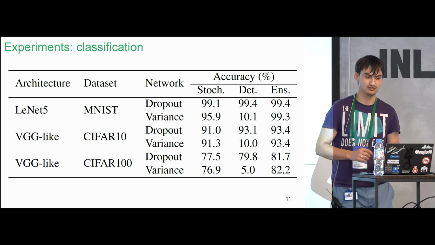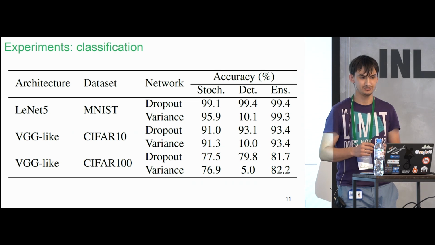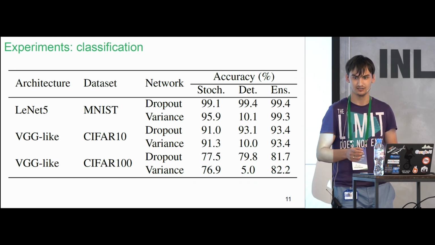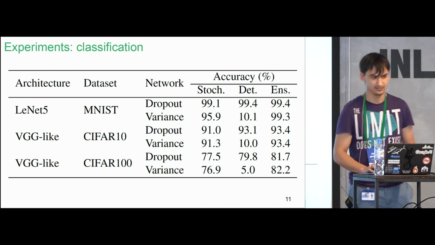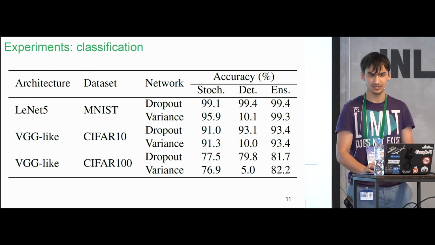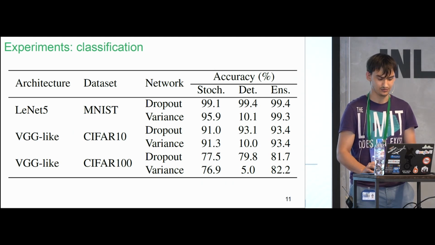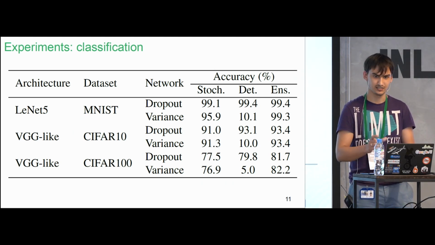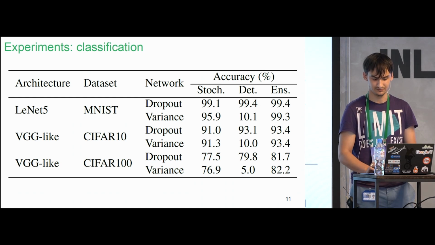We could not obtain a fully variance network where every single layer is variance, mostly because they are still pretty hard to train. The variance of the gradients is quite high, but we were able to train a VGG-like network with 6 consecutive layers being fully variance.